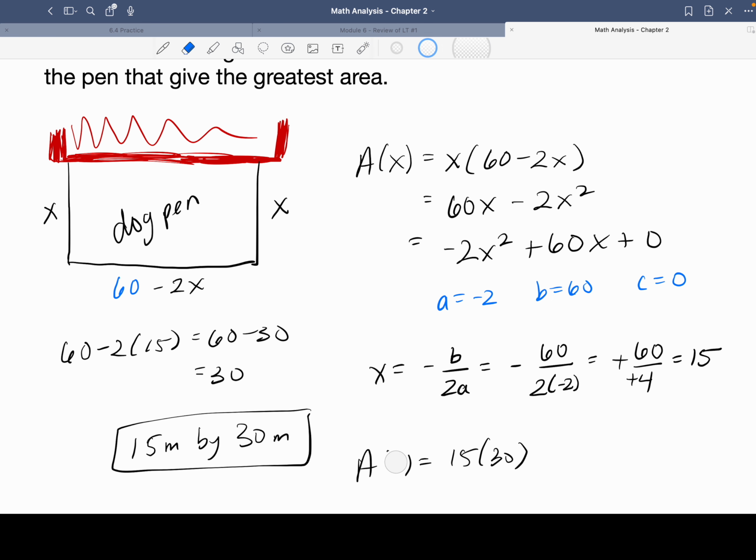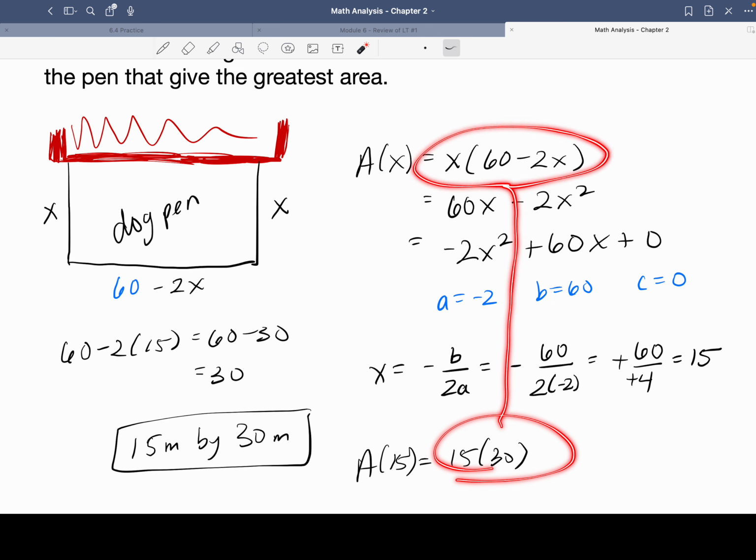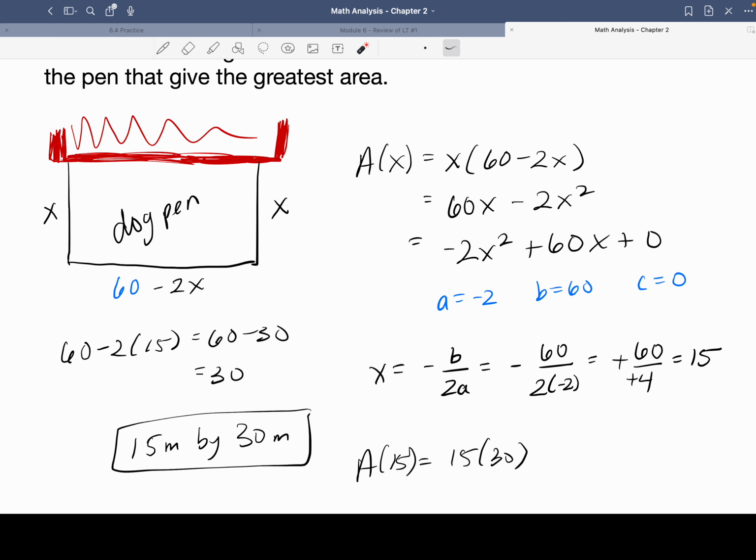I should be a little bit more specific here. I could say 15 because we're just substituting this into right here. And then 15 times 30 is 450. This is 450 meters squared.